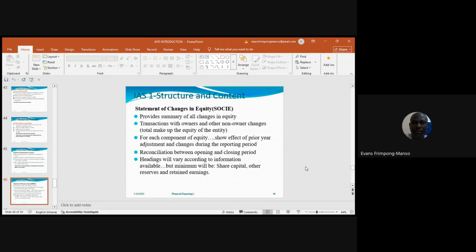I'm talking about anything that will affect the stated capital or the share capital, anything that will affect the reserves, anything that will affect the retained earnings. All of them will be reported on the statement of changes in equity.